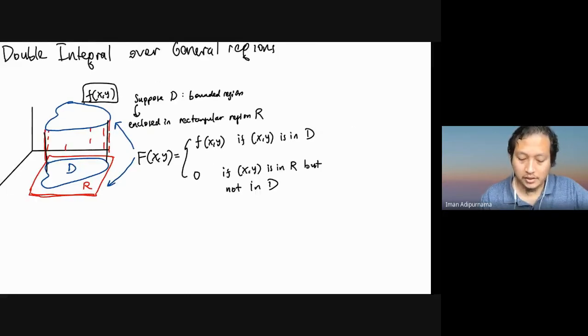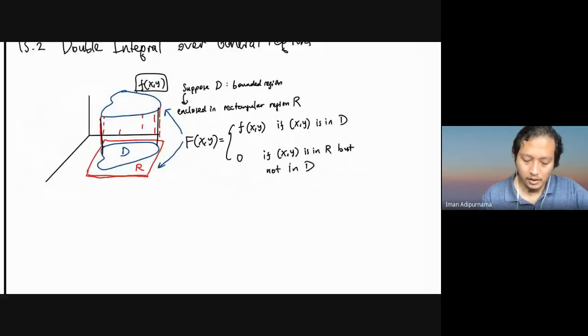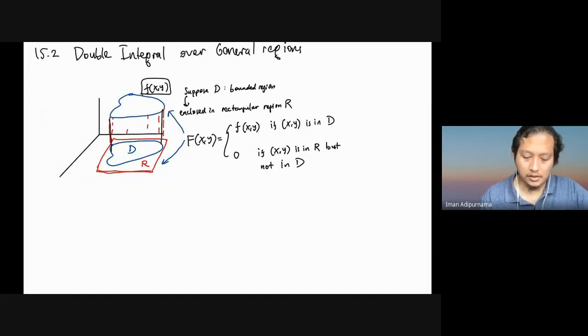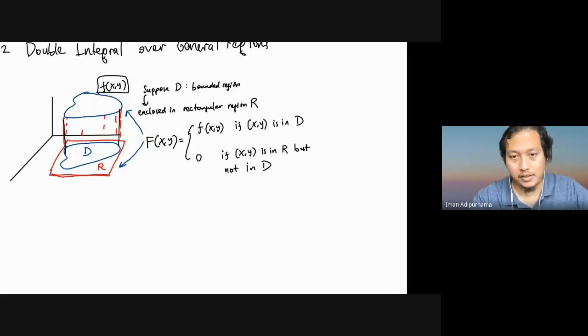Based on these definitions, you can observe the double integrals over any general region, basically not necessarily rectangular.